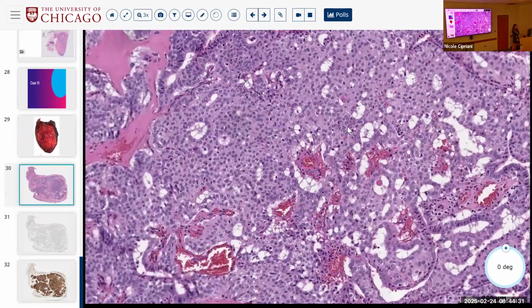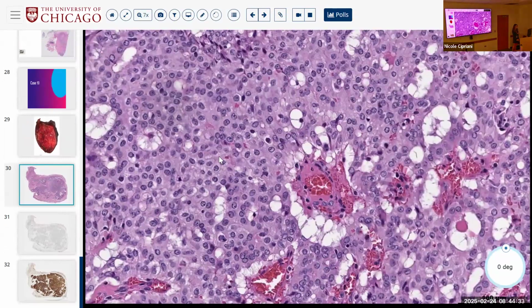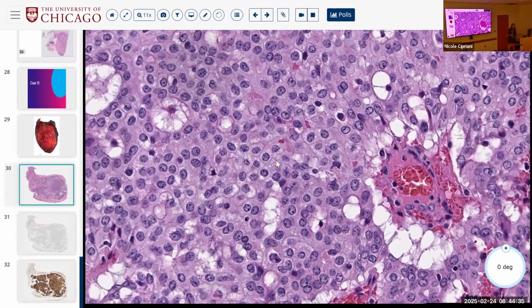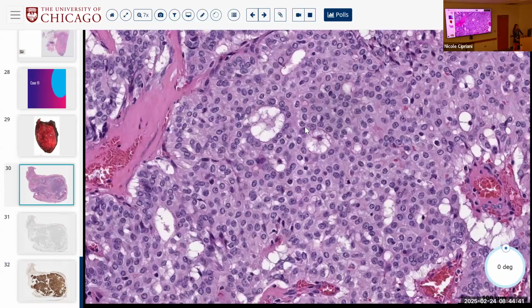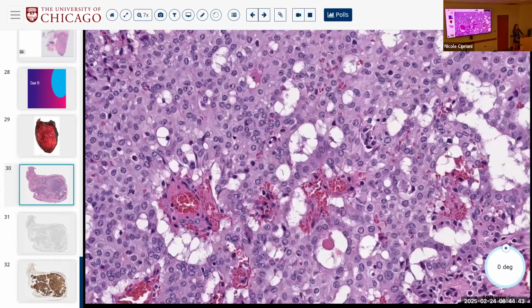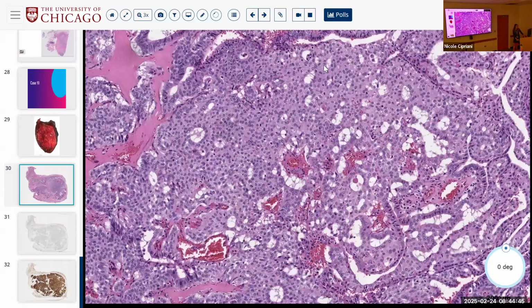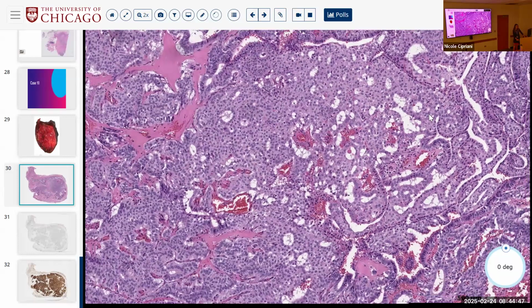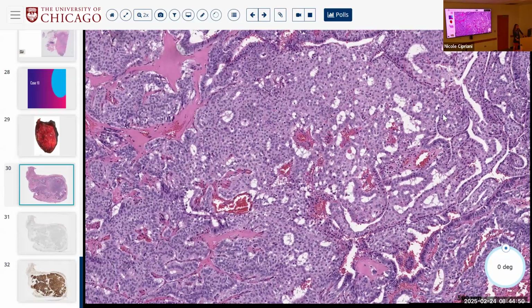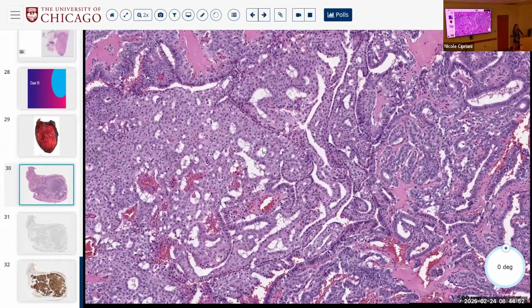But kind of interesting in as much as it also lacks that overt papillary nuclear morphology, right? But it has some kind of follicles, or how might you describe this architecture? Organoid with punched out holes in it.